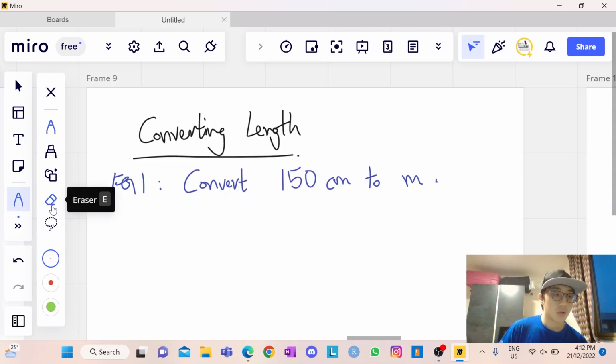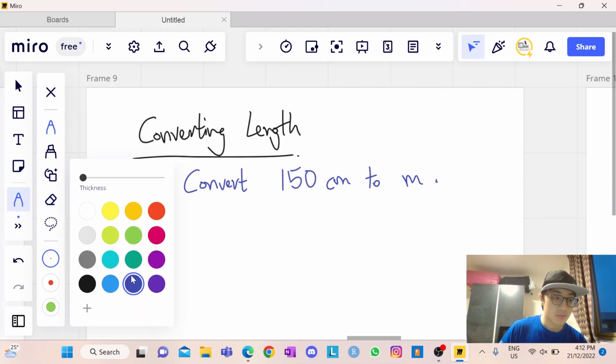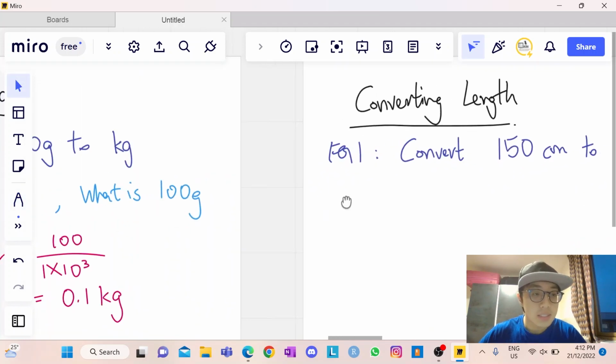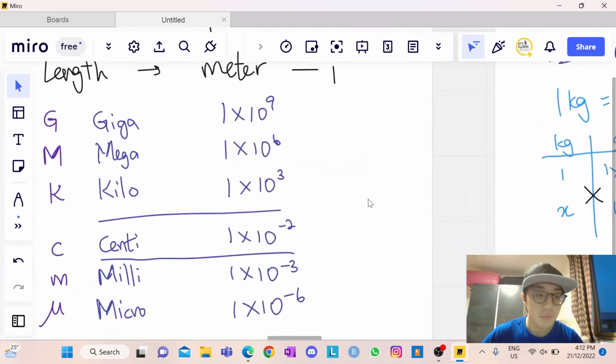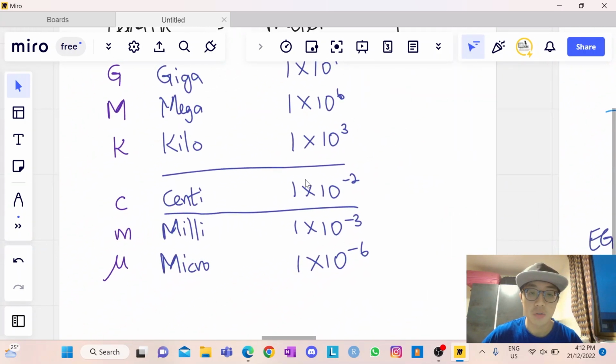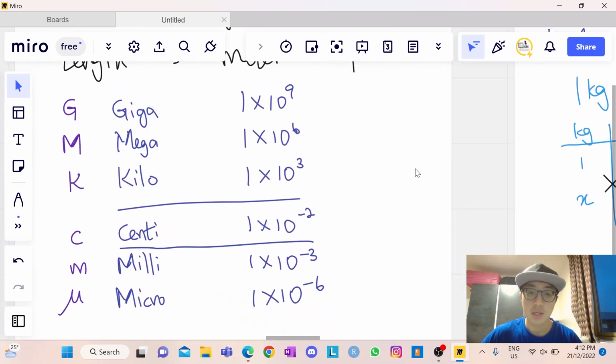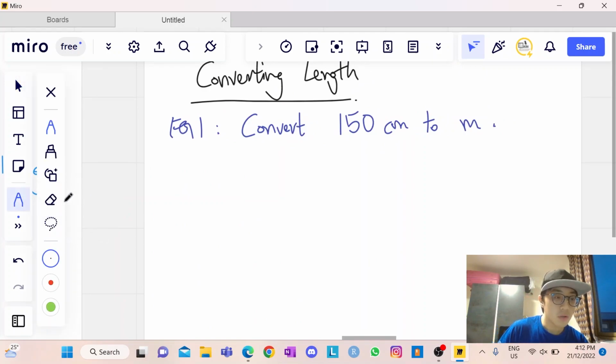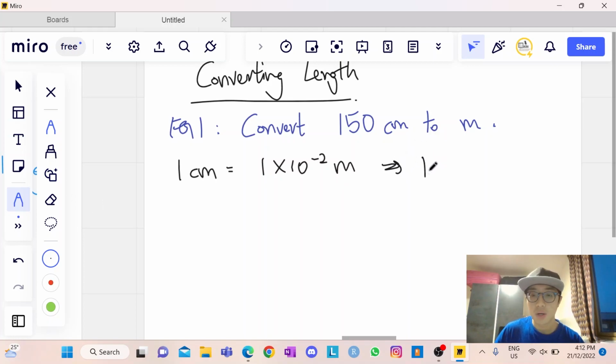Okay, so from the ones written before this, we can see that 1 centimeter is equal to 1 times 10 to the power of -2, the base unit. All right, so we can write that down here. 1 cm is equal to 1 times 10 to the power of -2 m, which in turn means 1 m is equal to 1 times 10 to the power of 2 cm.